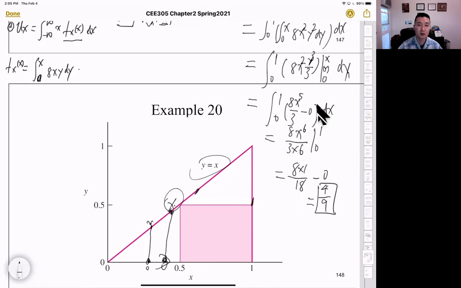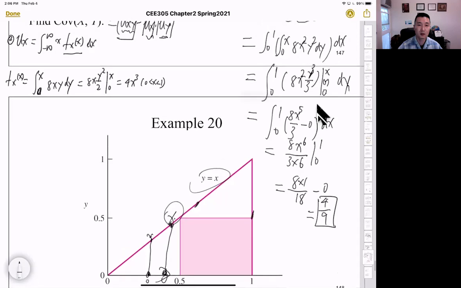So that will become 8x times y squared over 2, from 0 to x. So f(x), the marginal function, will be equal to 4x to the power of 3.